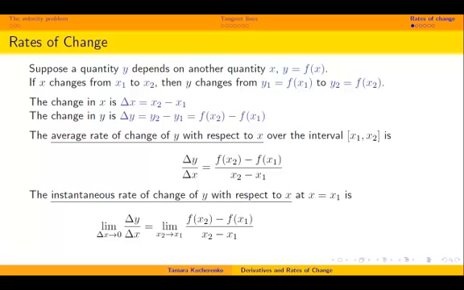The instantaneous rate of change of y with respect to x at point x equals x1 is the limit of the average rates of change as delta x approaches 0, which is the limit as x2 approaches x1 of f of x2 minus f of x1 divided by x2 minus x1.